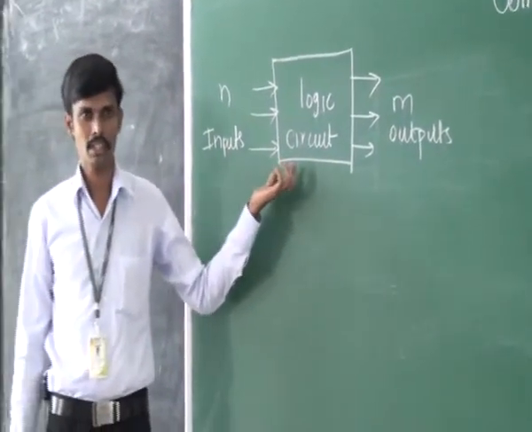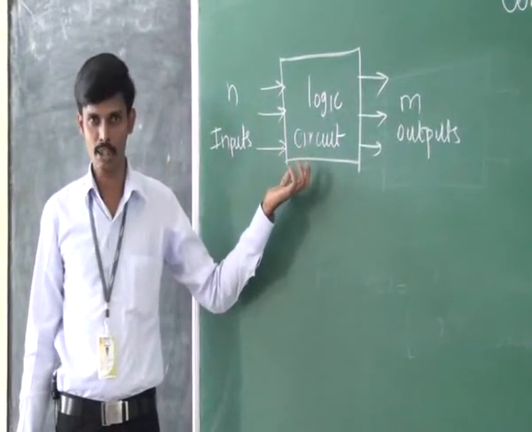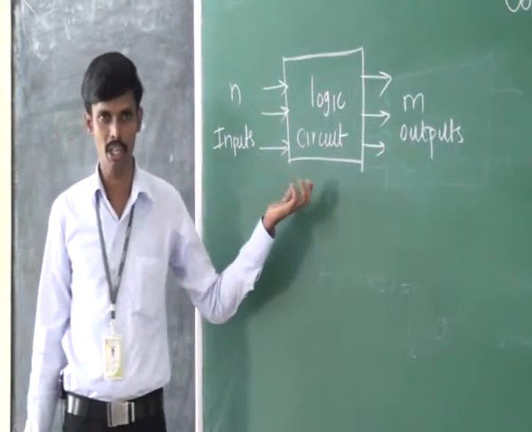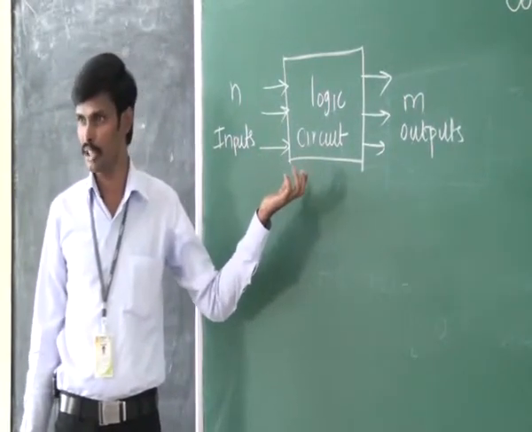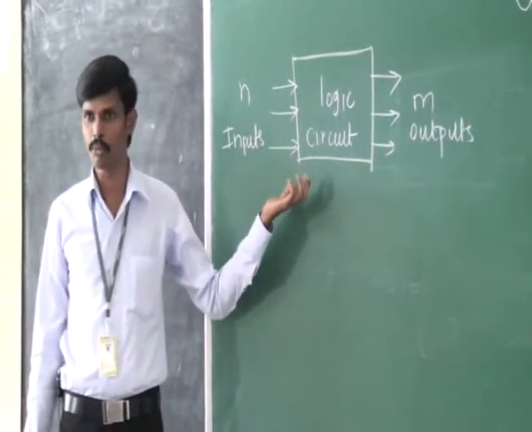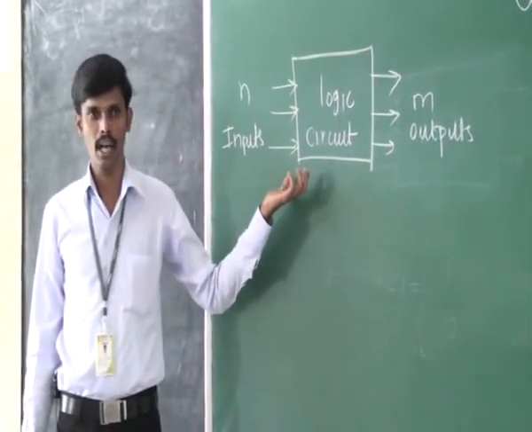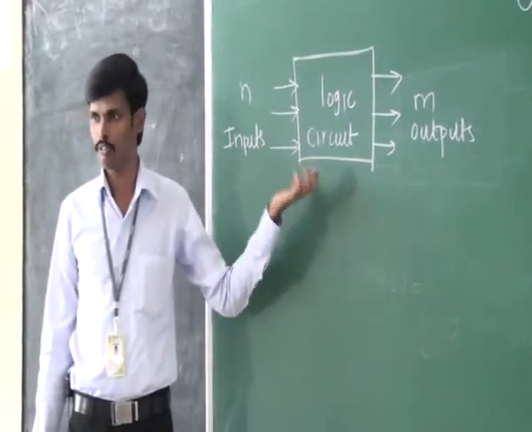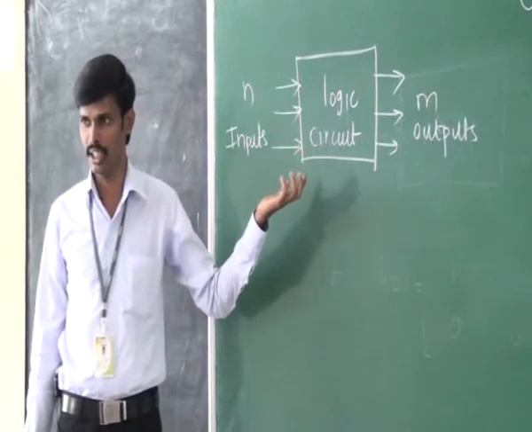The third step is to assign a letter symbol to each input and output. The next step is to derive a truth table that defines the relationship between inputs and outputs. The next step is to obtain a simplified Boolean expression for each output as a function of inputs. The last step is to draw a logic diagram for each output by using basic gates.